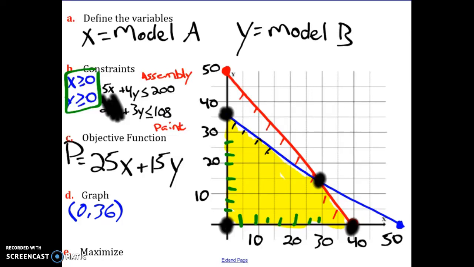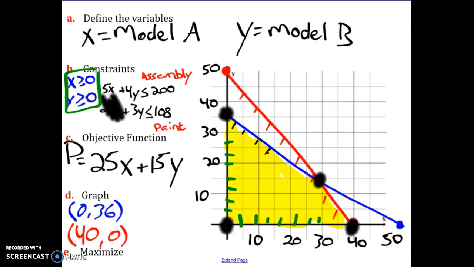Then we have an x-intercept from that red line. That's 40, 0. I have the origin, which is 0, 0. Obviously, I'm not going to make any profit if I don't produce any bikes, so that's clearly going to be a wrong answer.